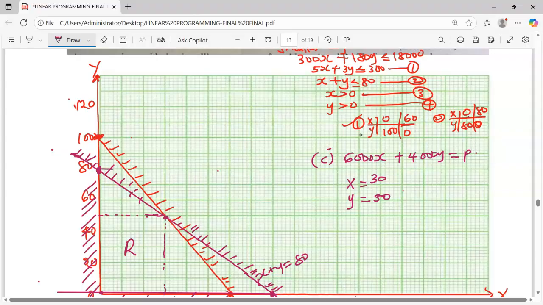In this case, if we are going to have x as 30 and y as 50, then we are going to have the maximum profit being equal to 6,000 times the value of x, which is 30, added to 4,000 times the value of y, which is 50, and the total here will be equivalent to 380,000 shillings. That becomes the solution to this particular question.